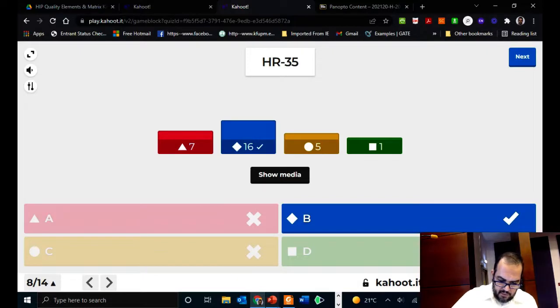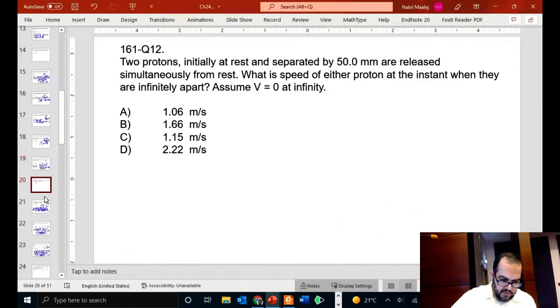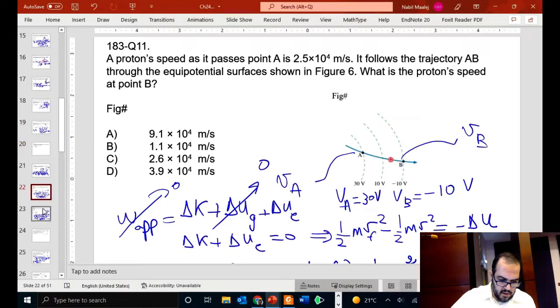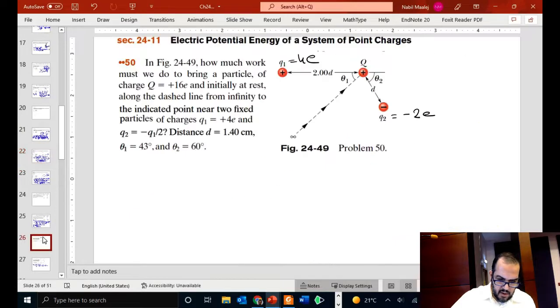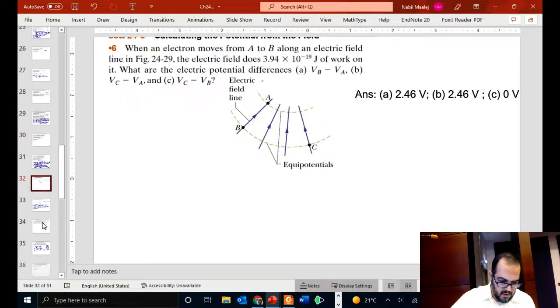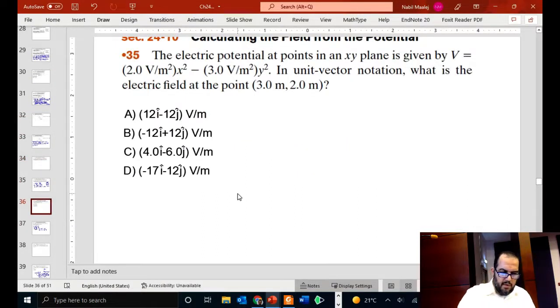Okay, let's do this problem. This should be an easier problem than the previous ones. So this is the problem here. The electric potential at a point in the xy plane is given by V is 2x squared minus 3y squared. In unit vector notation, what is the electric field at this point?